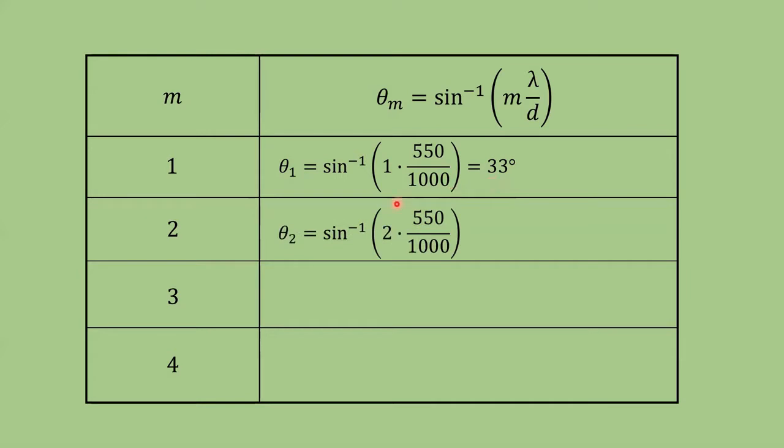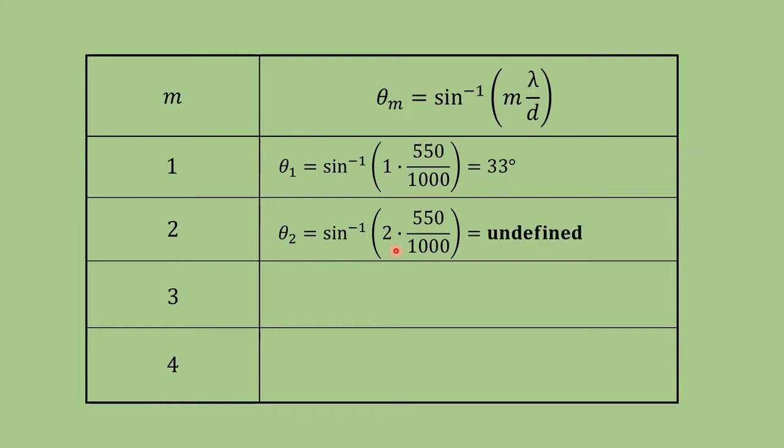In fact, when you take the arcsine of 2 times basically 1/2, isn't this number already greater than 1? This is a ratio greater than 0.5. So when you multiply by 2, you get a number greater than 1. You can't ask the calculator for the arcsine of a number greater than 1 and expect to get a real angle. There is no real angle whose sine is greater than 1.